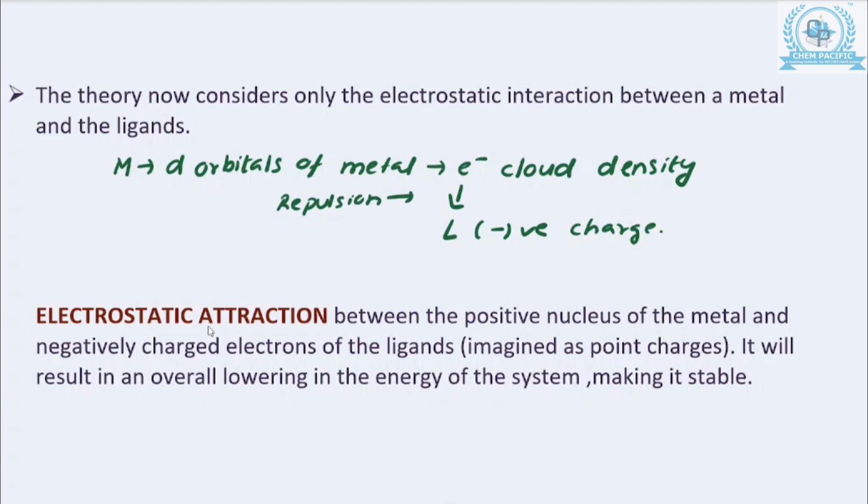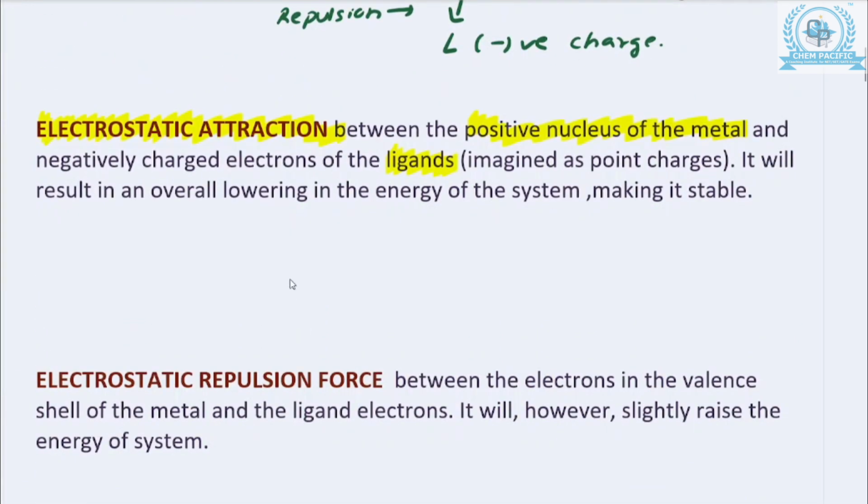So here, information of two things has been given: the metal is considered as a point positive charge, rather the positive nucleus of the metal, and the ligands are considered as point negative charge. Therefore, there are two forces. One is the electrostatic attraction between the positive nucleus of the metal and the negatively charged electrons of the ligand, and the ligands are also imagined as point charges.